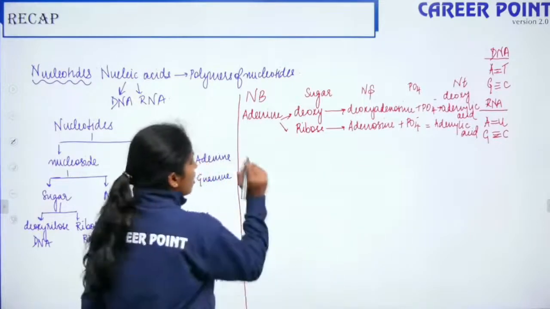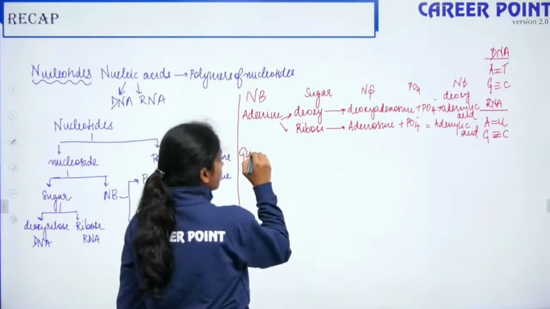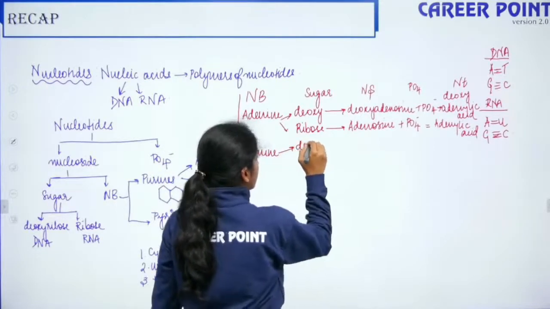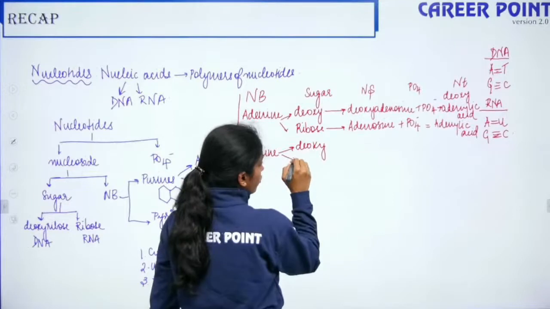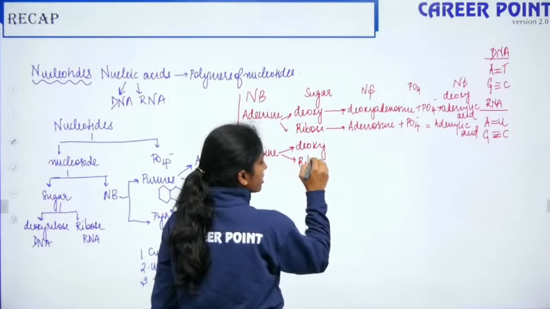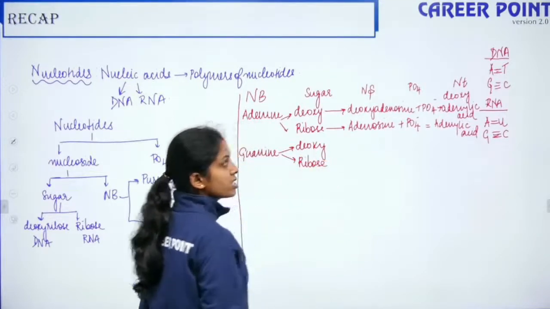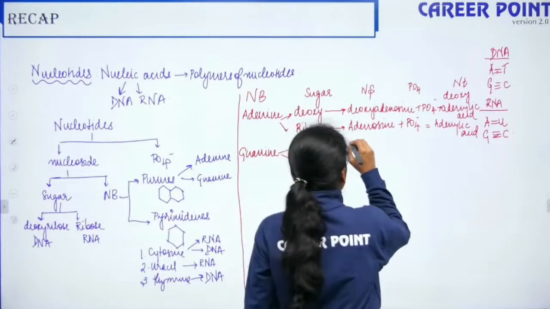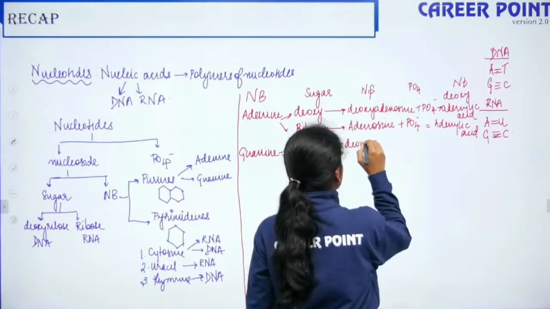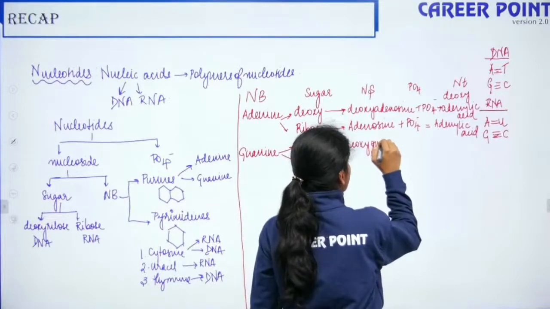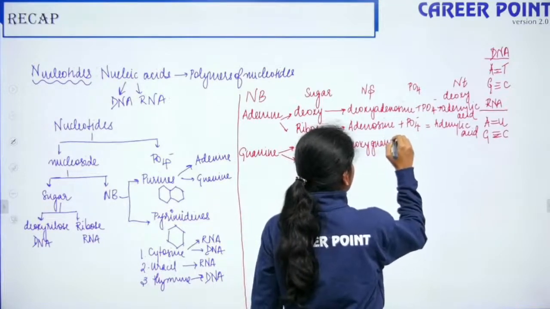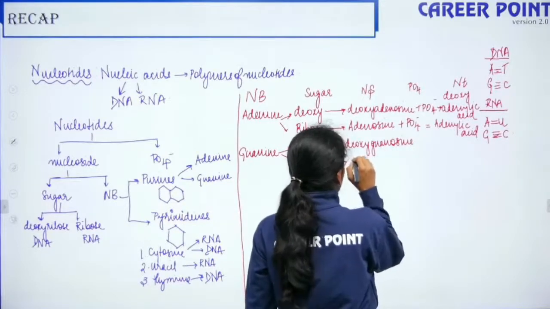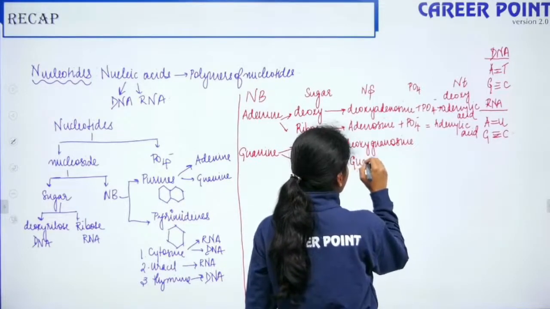Alright, so now let's write for guanine, with deoxyribose sugar and ribose sugar. That is, I am writing for DNA as well as RNA. With deoxyribose sugar, it has deoxyguanosine, and here I have guanosine.